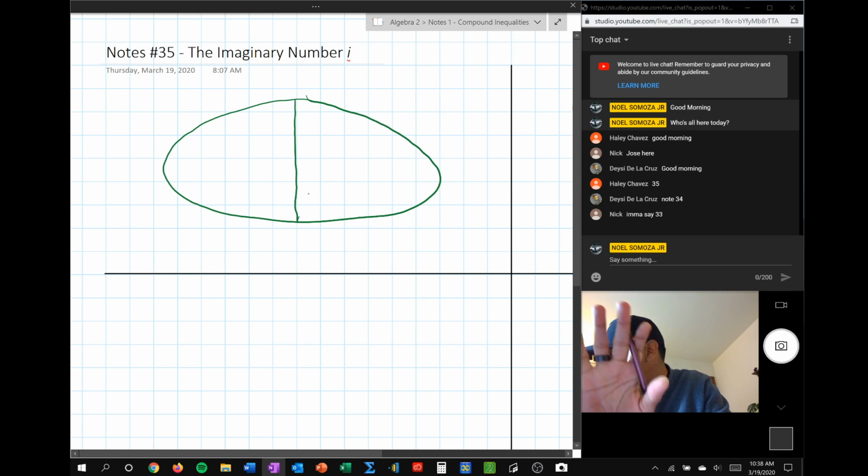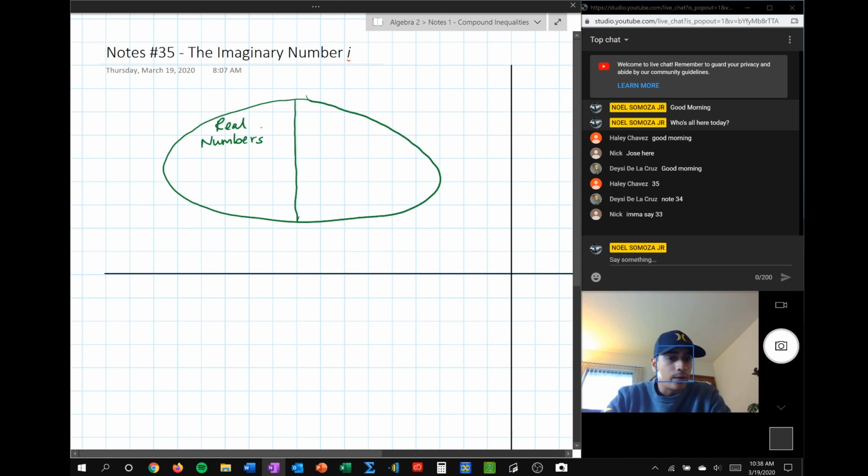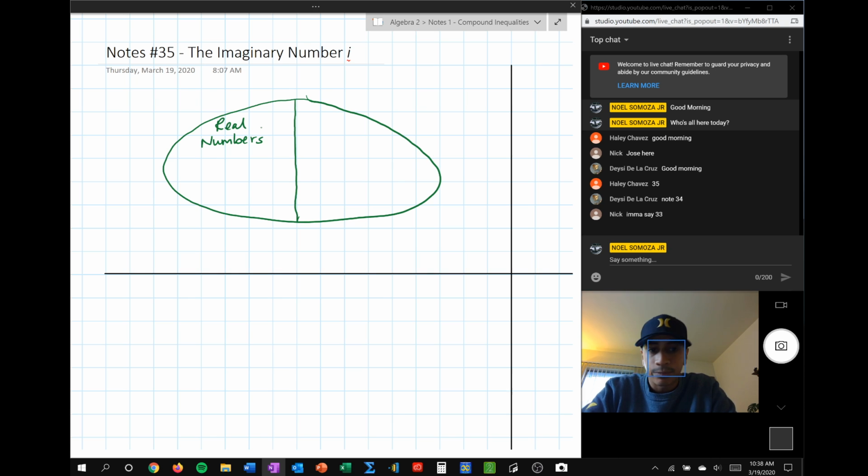You have your real numbers, and your real numbers are all the numbers that you've worked with up until now. It's your integers, your fractions, your decimals, it's pi. All of these numbers that you know of, they fit on that side of the bubble.